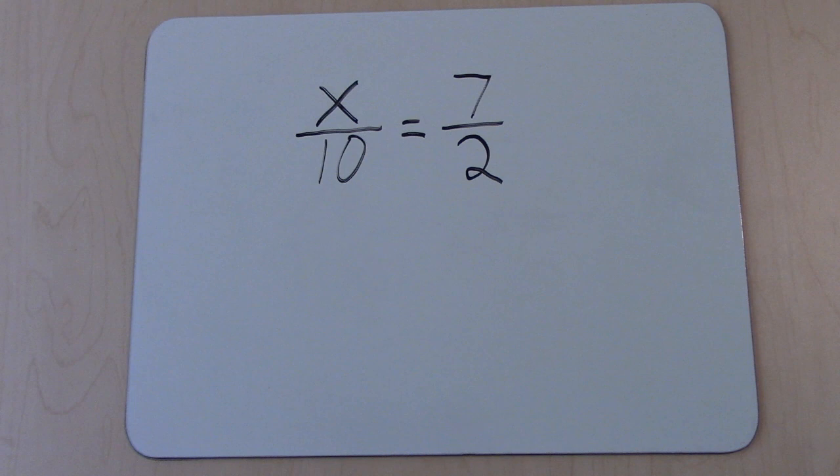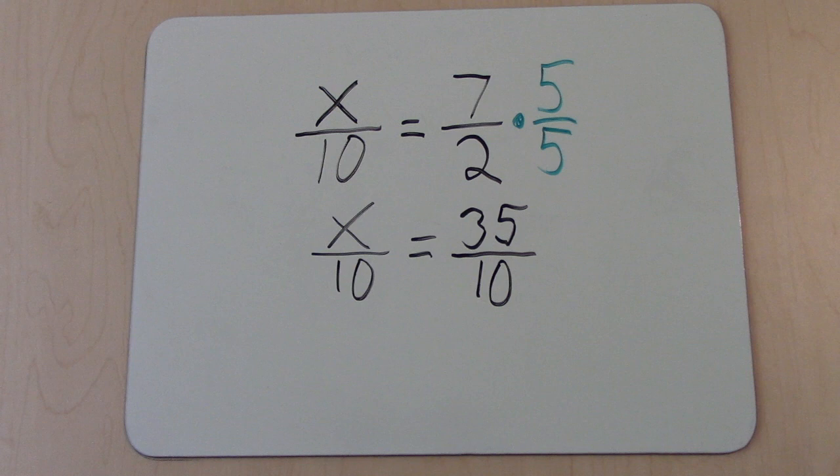So let's go ahead and multiply that right side by 5 over 5. So now when we simplify this down, we get 10s on the bottom of both fractions. So that's step one. We've got to get the bottoms the same. And now that the bottoms are the same, we can just write what you see on the top. And there you go. There's your answer to this problem.